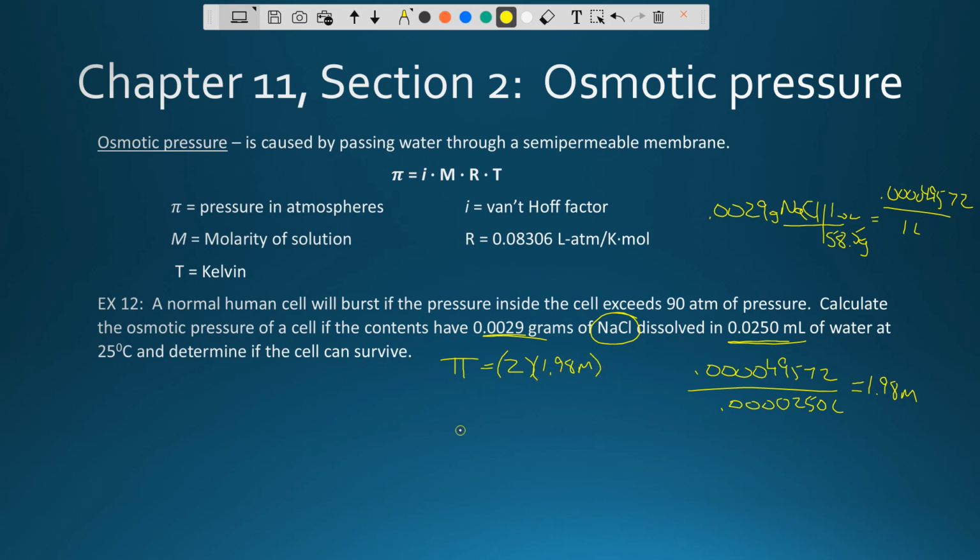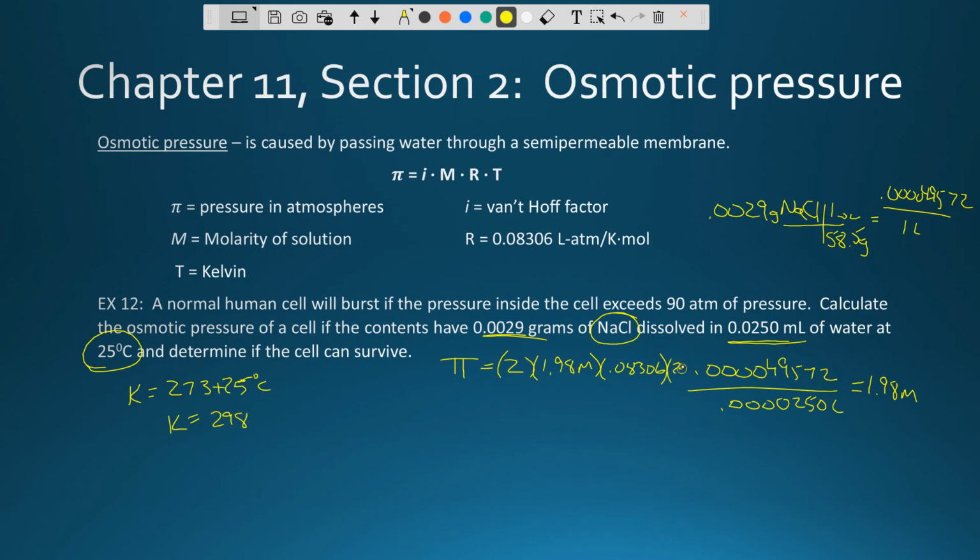Now, I've got my van 't Hoff, I've got my molarity, then I just plug in my 0.08206 and my temperature, because things will move at different temperatures. Remember how to find Kelvin. Kelvin equals 273 plus my 25 degrees Celsius. And so my Kelvin in this case ends up being 298.